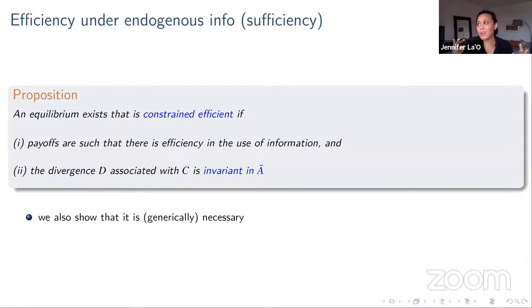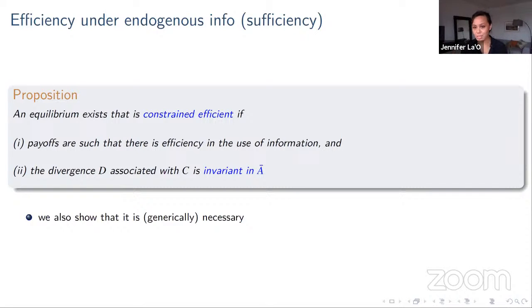Okay, so if there's an aggregate action function that's very volatile or very sensitive to S and R, that could be different for a cost function than if the prior is not, if the aggregate action function is not very sensitive to S and R. And the only time that these don't matter is when the cost function is invariant in A bar.